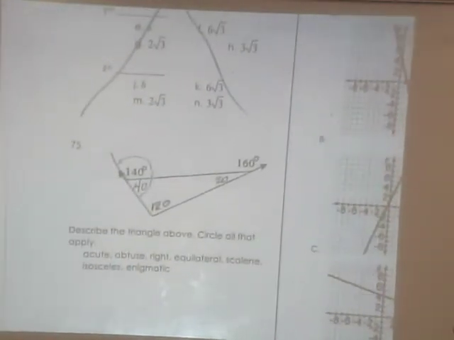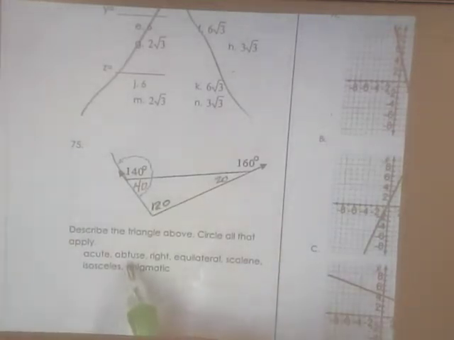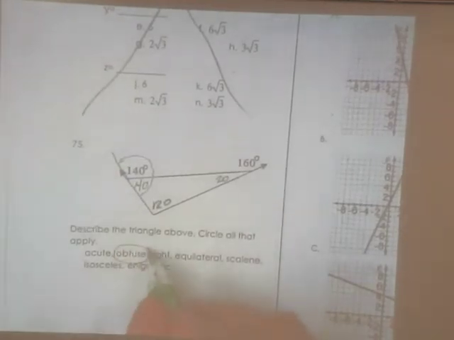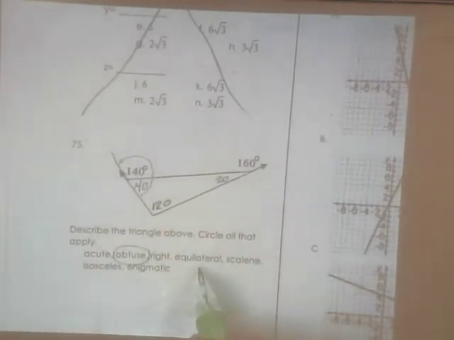All right, so describe the triangle. Is it an acute triangle? All the angles would have to be less than 90. It's not. Is it obtuse? Yeah. One angle's larger than 90, so it's obtuse. Is it a right triangle? No. Is it equilateral? No. Is it scalene? What's scalene?